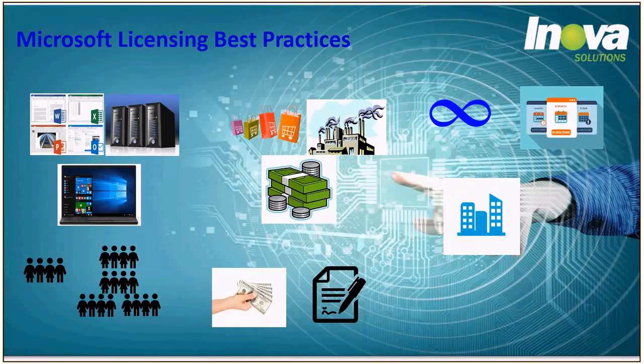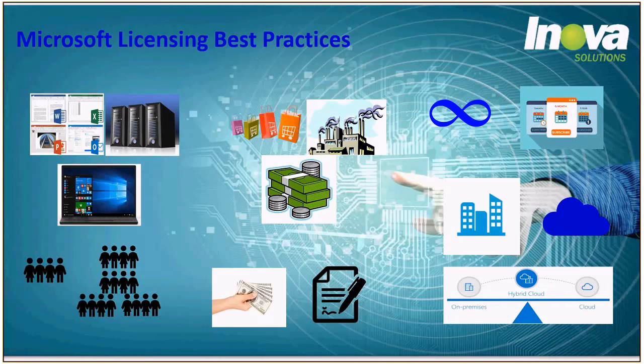You also need to determine whether you want on-premise product software or you want to go with the online services or cloud services. Now, if you have a toss-up between whether you really need the on-premise or the online services, you can do a hybrid.